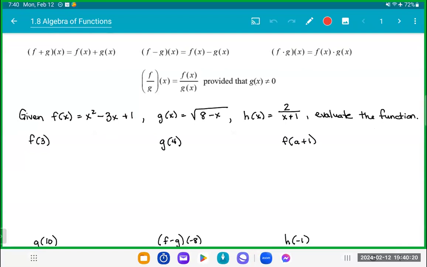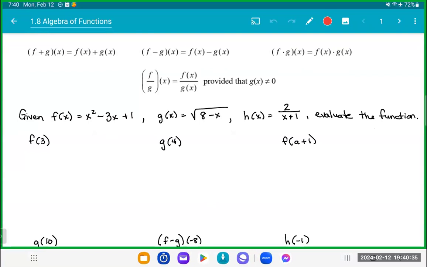All right, it is 7:40, so let's go ahead and keep moving through the material. Now we're going to cover section 1.8. In this section, we're going to start looking at the algebra of functions.